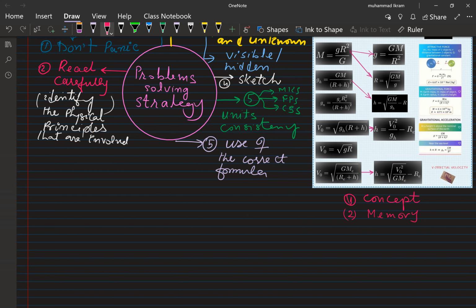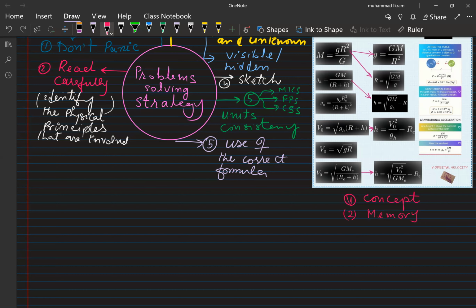For example, sometimes you will be capable of understanding the logic of the given problem or numerical, but you wouldn't remember the formula properly, and you will be thinking whether it is m is equal to gr square by capital G, or whether it is gr square by small g, and then you get stuck there.